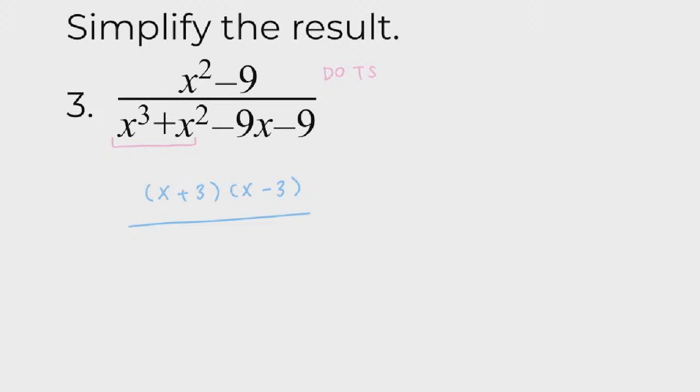So we have 2 halves here. So in the first 2, we can factor out an x squared, so we're left with x plus 3. In the second 2, we can factor out negative 9, so we're left with x plus 1.